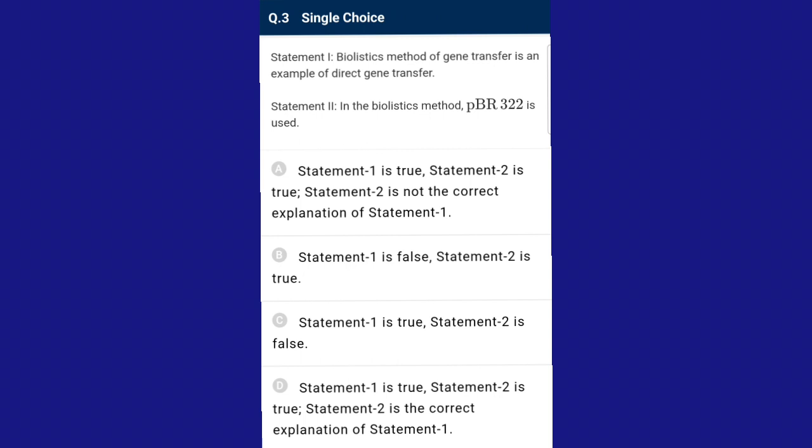Biolistic is the commonly used method for genetic transformation of plants and other organisms. Millions of DNA coated particles are shot at target cells or tissues using a biolistic device or gene gun. This type of gene transfer is called the gene bombardment method, without using vectors like pBR322. So the correct option is option C.